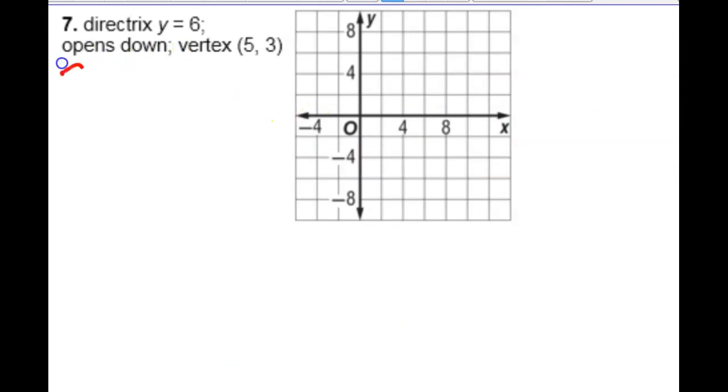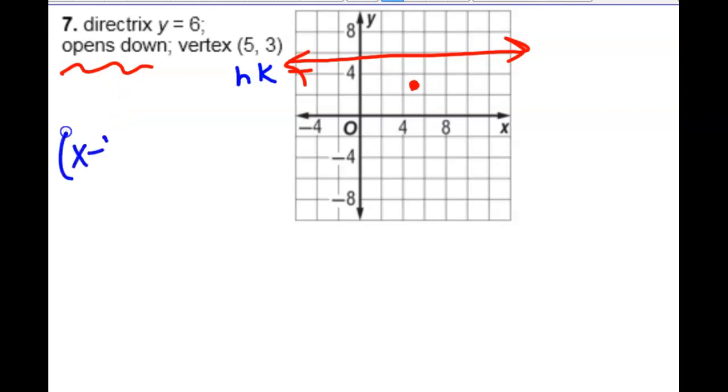This says it opens down and the vertex is at 5, 3. What can you tell me? And y equals 6 would be up here, the directrix. I actually know everything already because this is h and this is k. If it opens down, the equation is x minus h squared equals 4p y minus k.